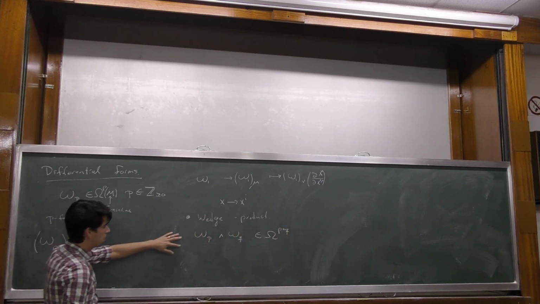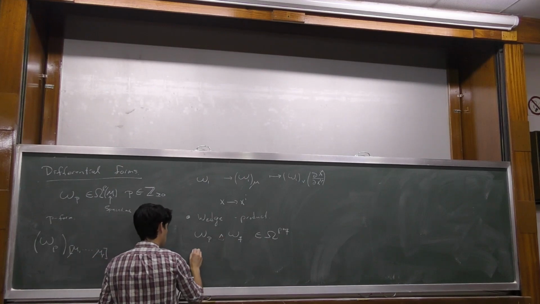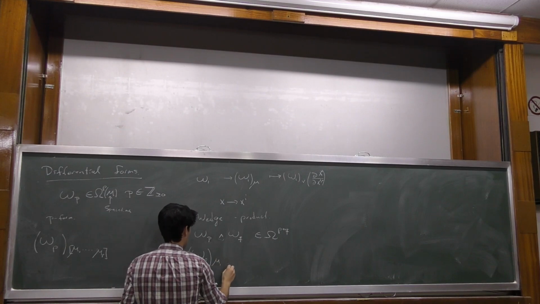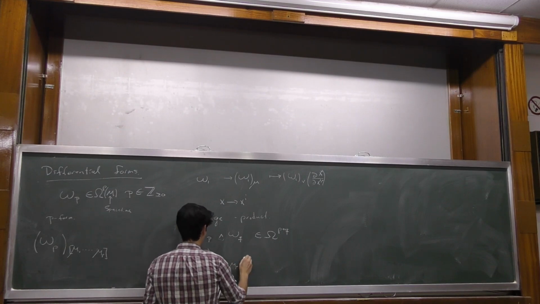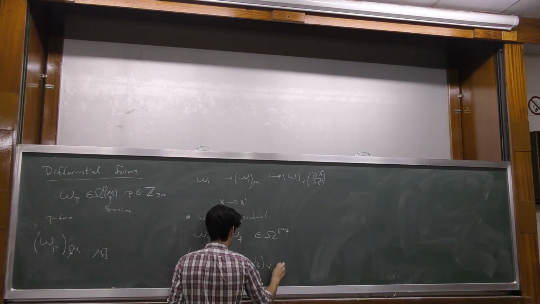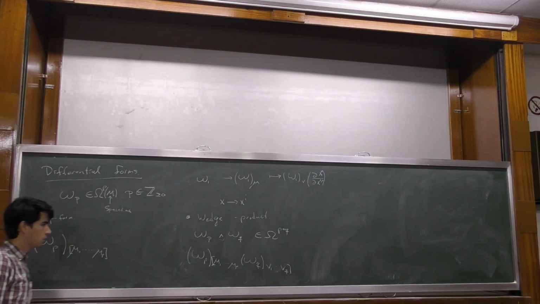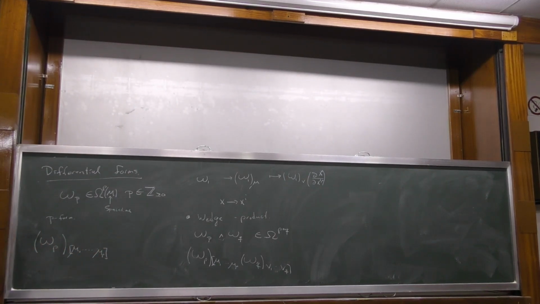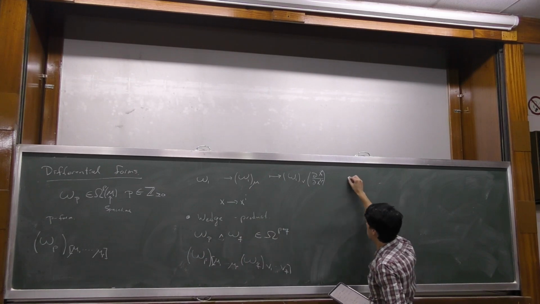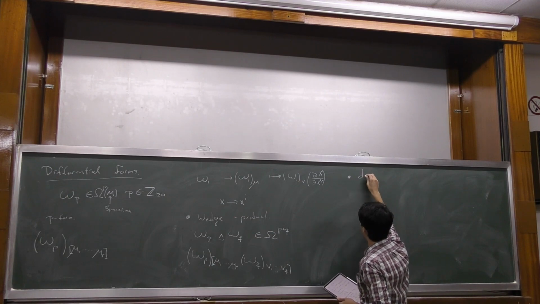What it means is that this wedge product tells you that you take all of these indices and you take these indices and you anti-symmetrize all of them. That's what that operation means. There's also the exterior derivative.